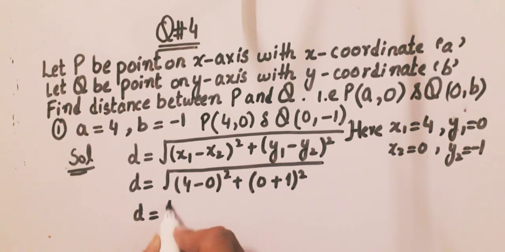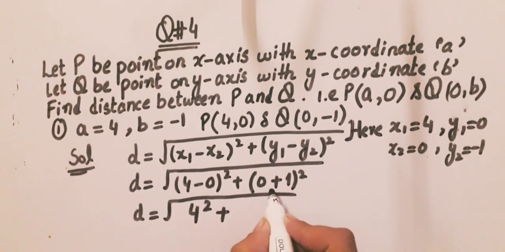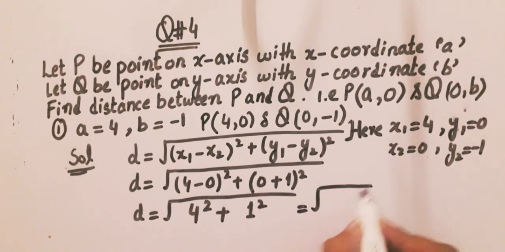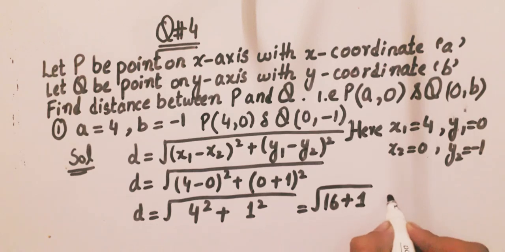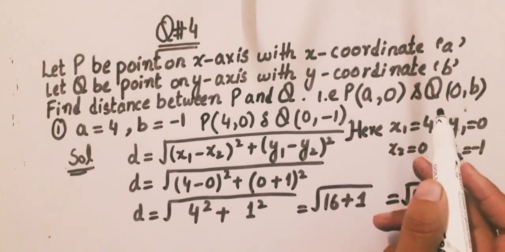So d is equal to 4 minus 0 is 4, 4 square and 1 square is 1. So 16 plus 1, which is equal to square root of 17. So this is the distance between point P and point Q.